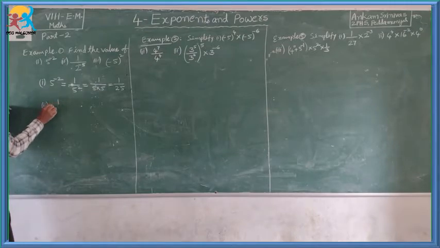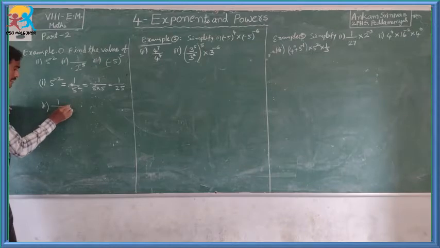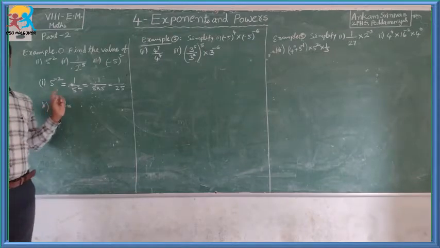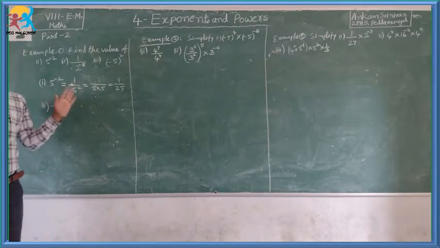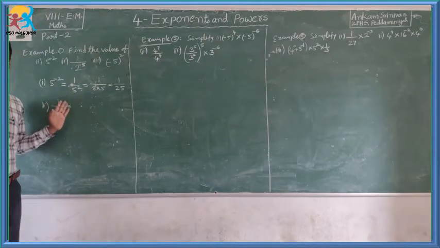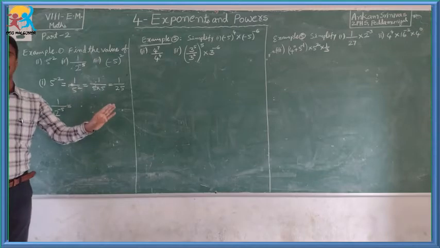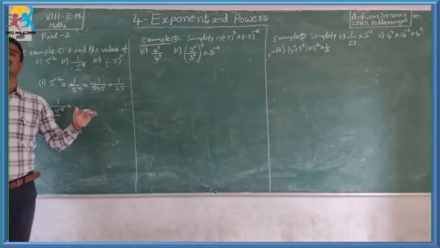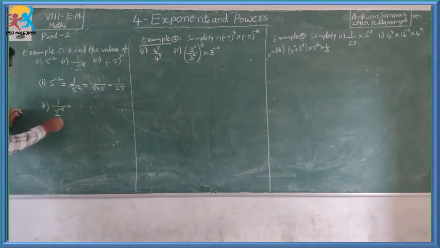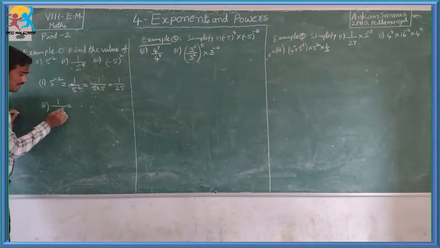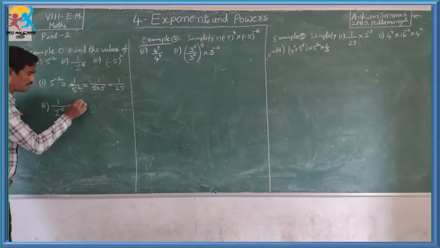The next problem is 1 by 2 power minus 5. Always, when the exponent is negative, we have to change the negative sign to positive and write the multiplicative inverse or reciprocal. So the reciprocal of 1 by 2 power minus 5 becomes 2 power 5.